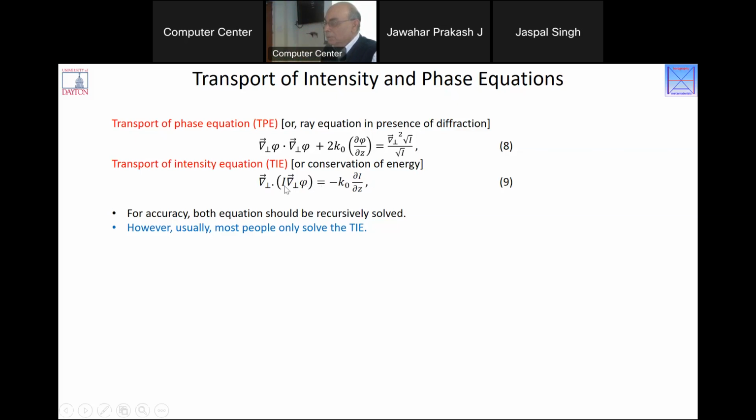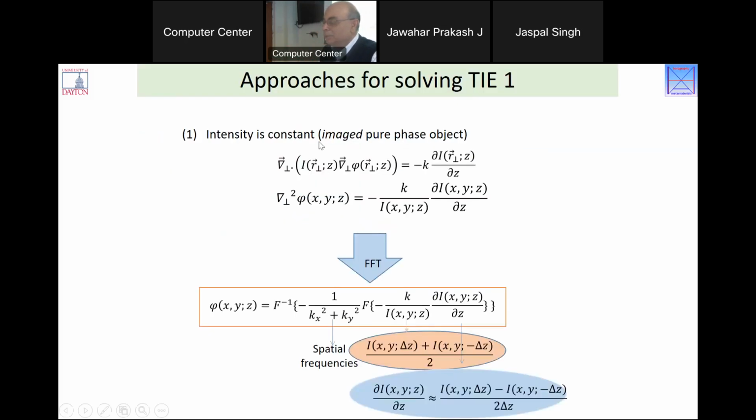So typically, the easiest way to use this equation is for an imaged object, and even better if the imaged object is a phase object, because for a phase object, intensity is almost constant. It's never exactly constant in an experiment, but approximately constant. Are you okay with that? So this was first applied to constant intensity or an imaged pure phase object. Why?